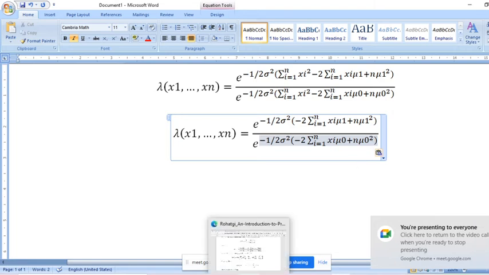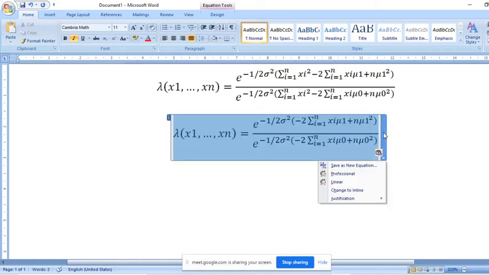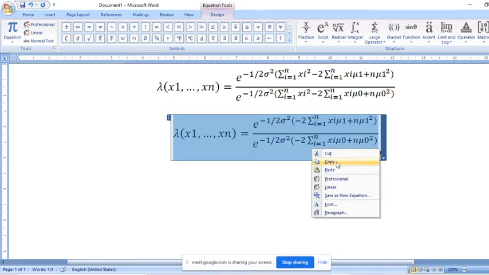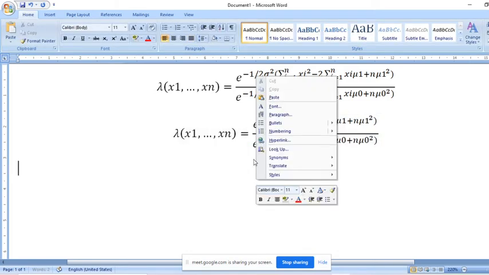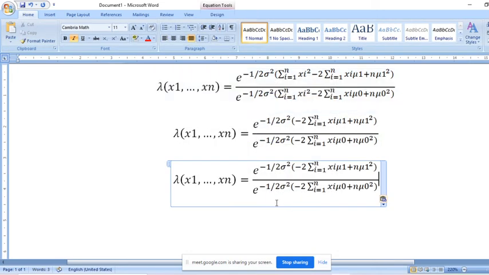This we can simplify again, mu1 minus mu naught.